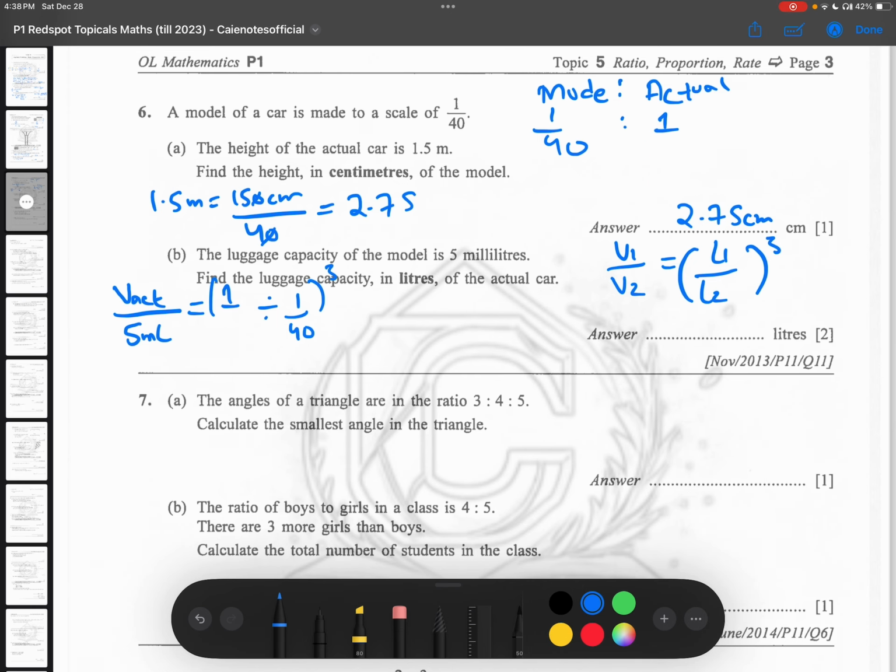So this will be equal to V actual upon 5 is equal to 1 multiplied by 40 upon 1 cube.